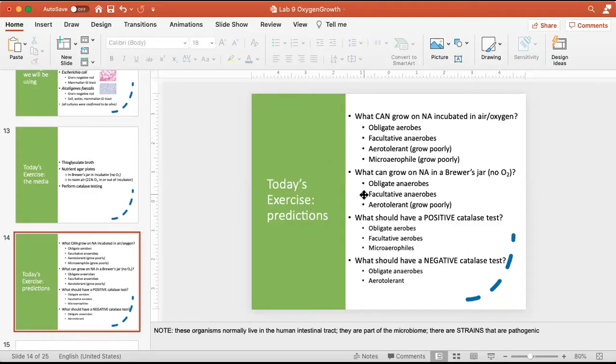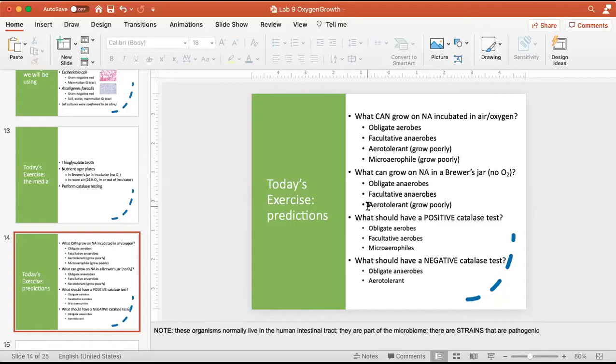But remember, they're not the only ones that can grow in a brewer's jar. Facultative anaerobes will. Remember, they're the ones that are the most adaptive. No oxygen? Okay, they'll just do another metabolic pathway. If there's another final electron acceptor available, they'll use that. If there's no final electron acceptors, well, they'll just leave cellular respiration completely, and they'll do fermentation instead.